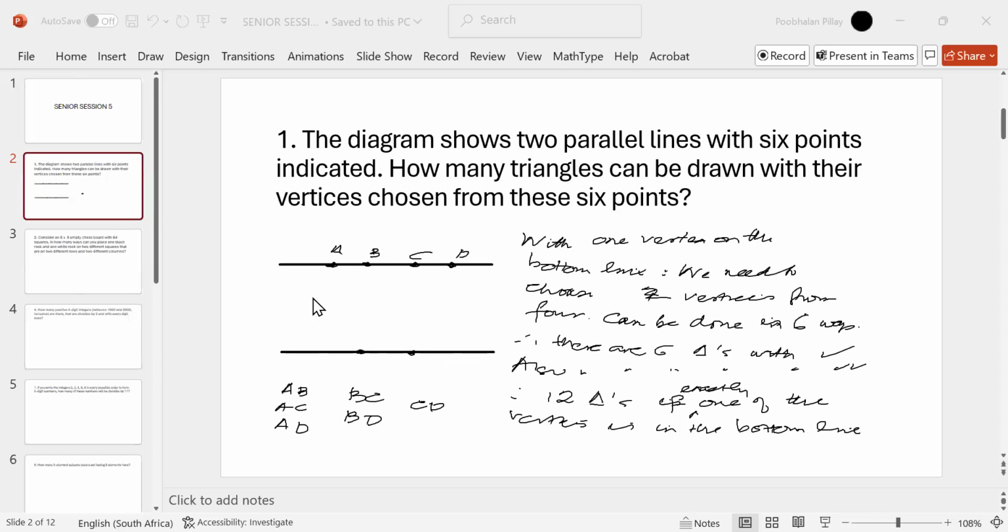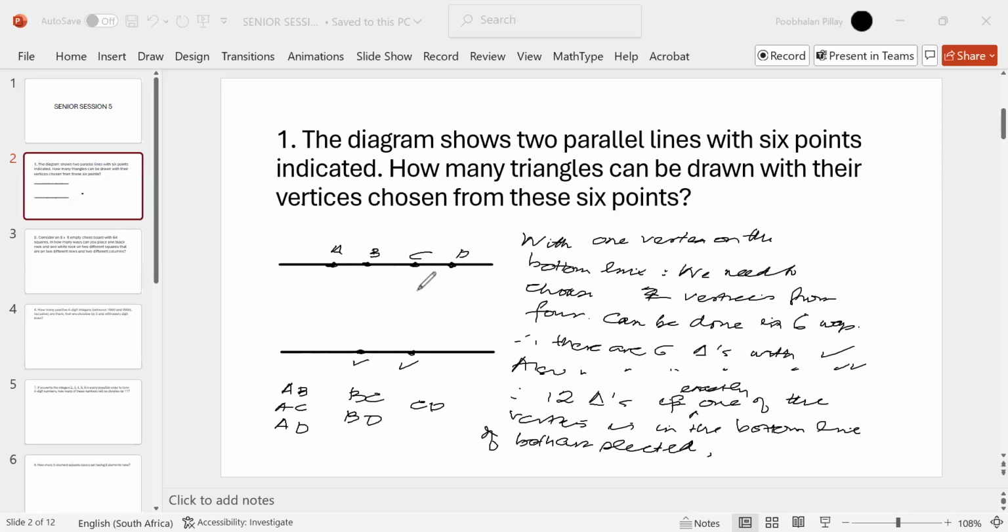So how many triangles? Suppose you got two vertices. These are both the vertices on the bottom line are chosen. Then if both are selected, sorry, the writing is so bad.